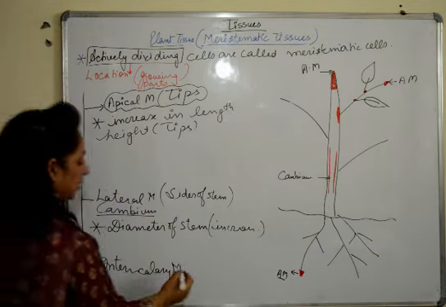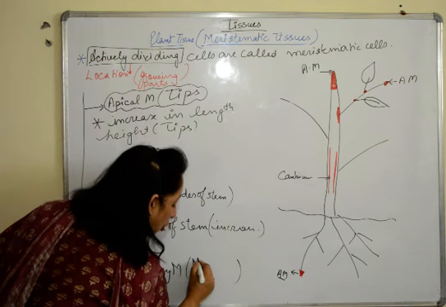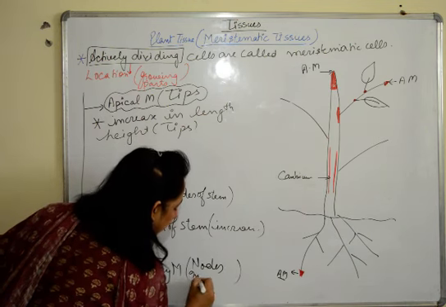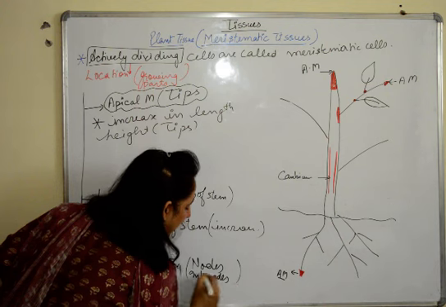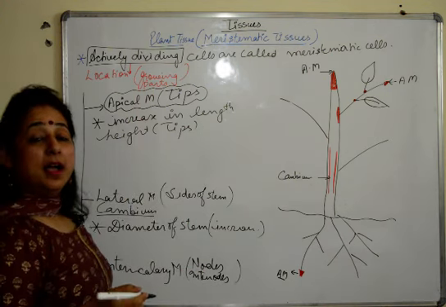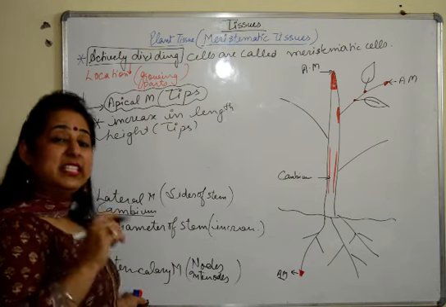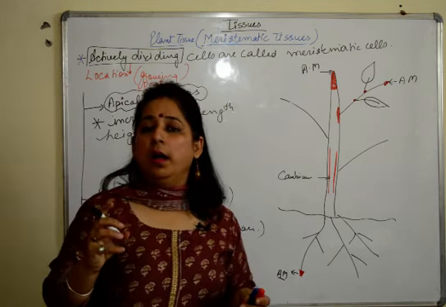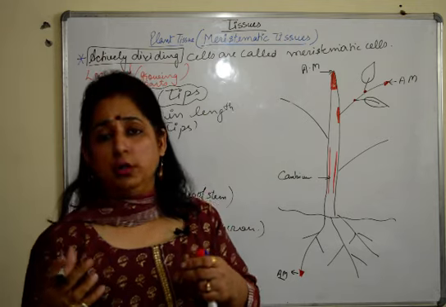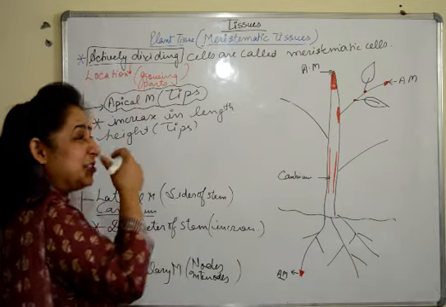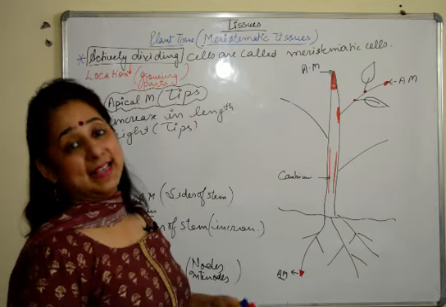Intercalary meristematic tissue is present on the nodes and internodes. Now why in some books is it not given as a division of meristematic tissue? Because it generally does not help in growth or elongation as such. It generally helps in regrowth as well.